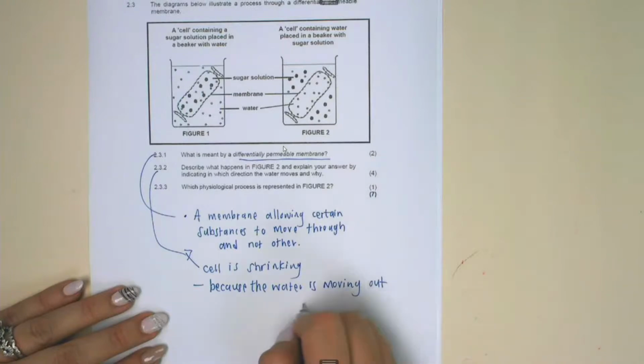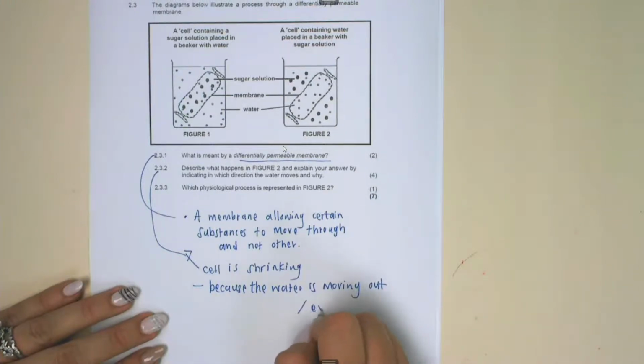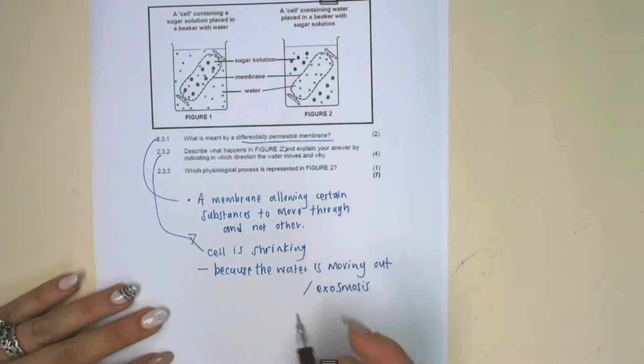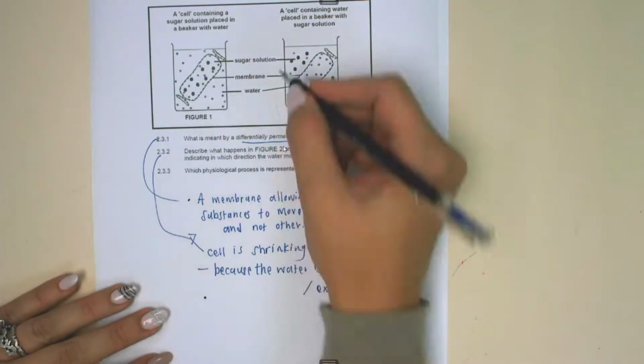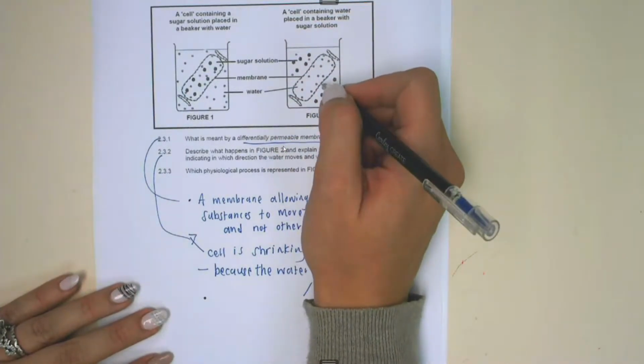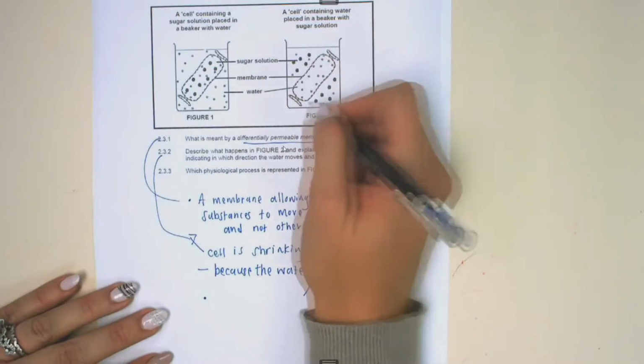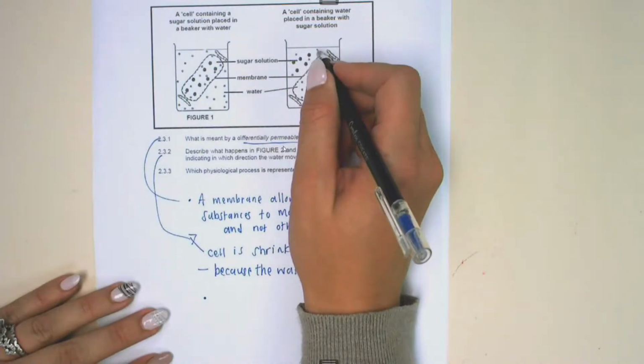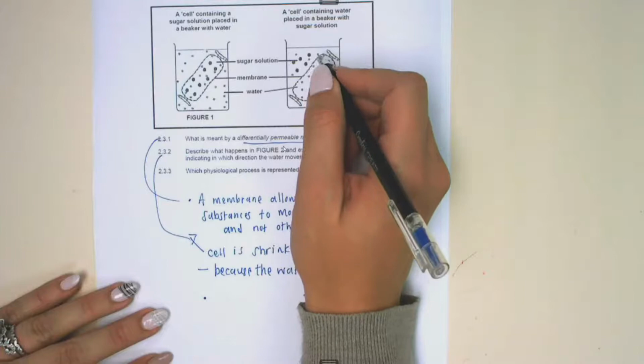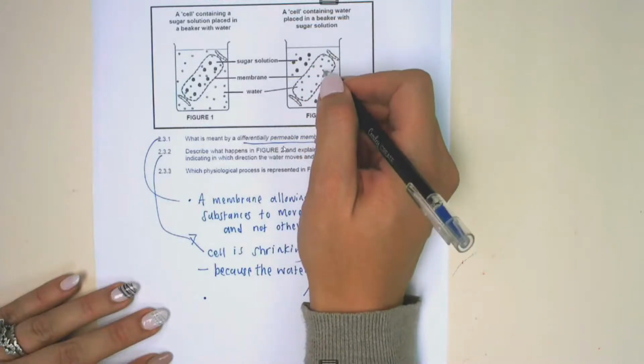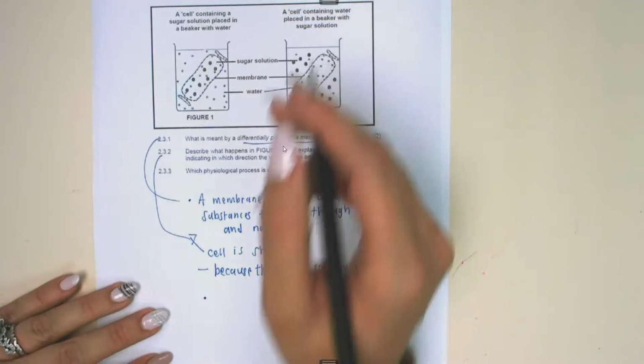They also call that exo-osmosis because it's moving to the outside, the exterior. And now you would agree that when the water is moving to the outside, the water potential on the outside of the cell will be less than the water potential on the inside.